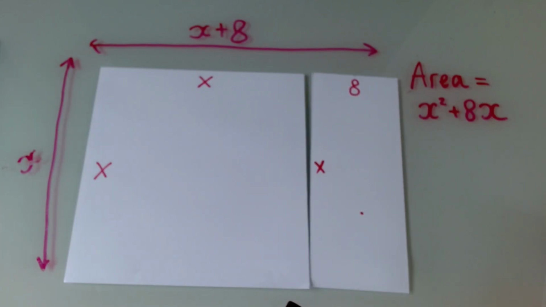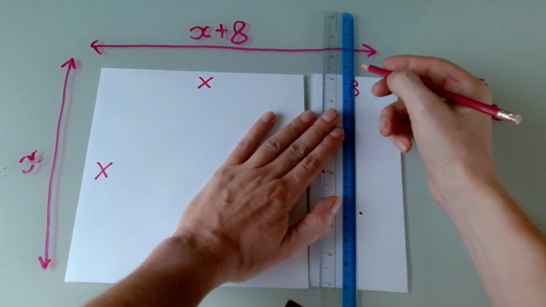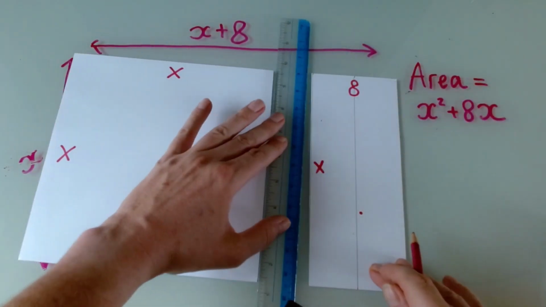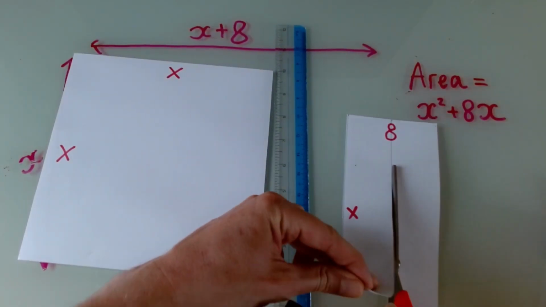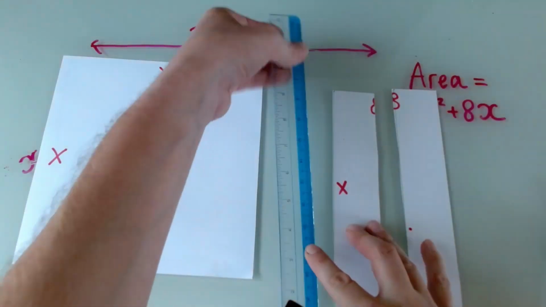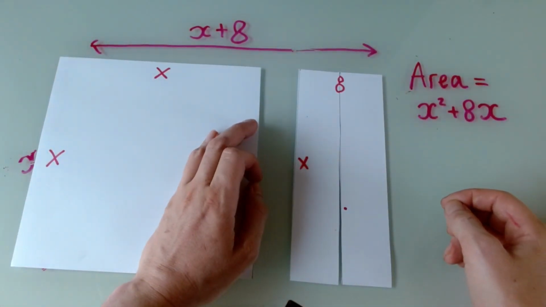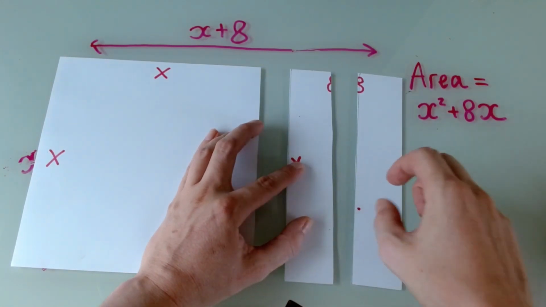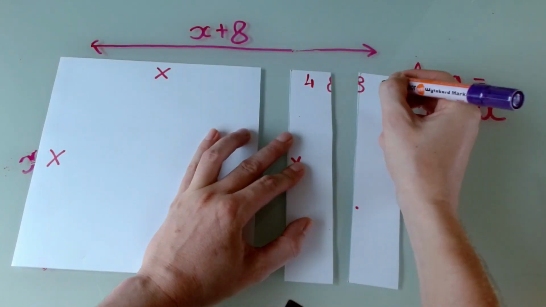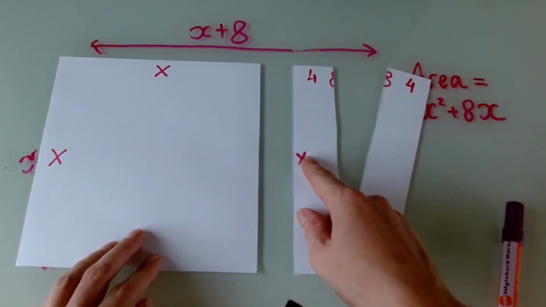So now what I'm going to do is split my rectangle again into 2 halves. Now I have 2 rectangles with sides x and 4, which is half of 8. I can rearrange this to get something similar to a square.